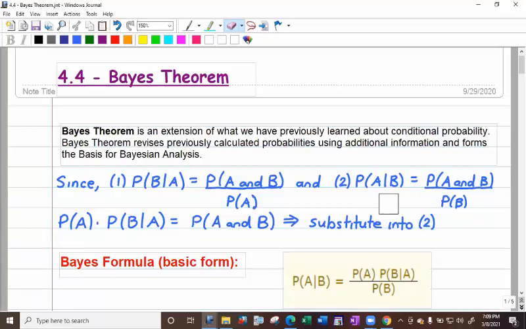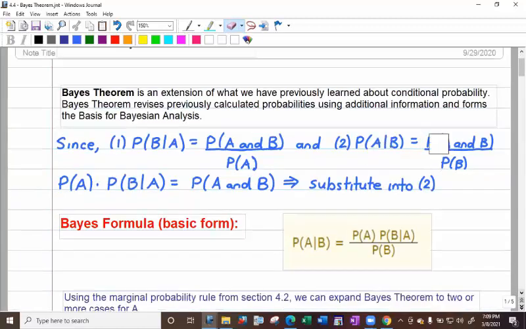So now to come up with this Bayes formula, what they've done is they've taken this situation on the right, and if you do a little simple algebra here, you don't have to actually do it, but if you were just solving for the P of A and B part right here, you'd bring the P of B up and over to the other side.